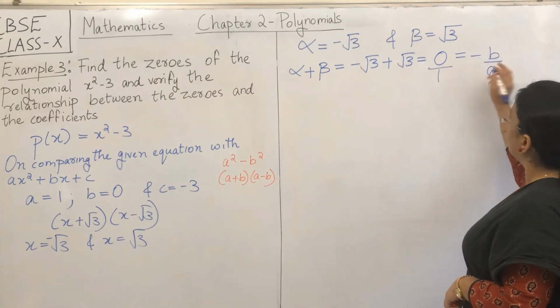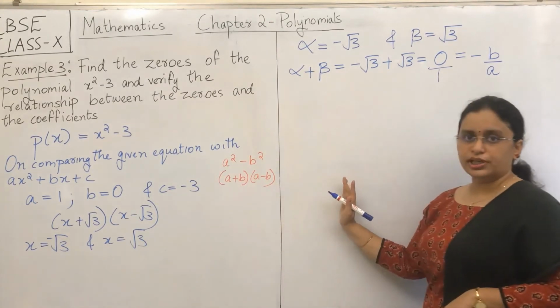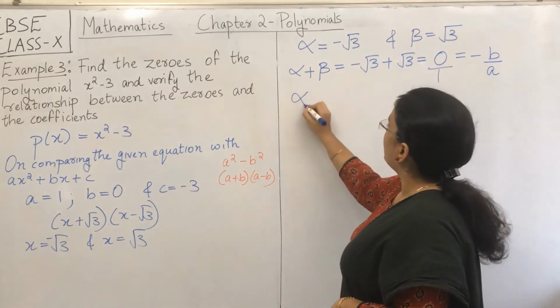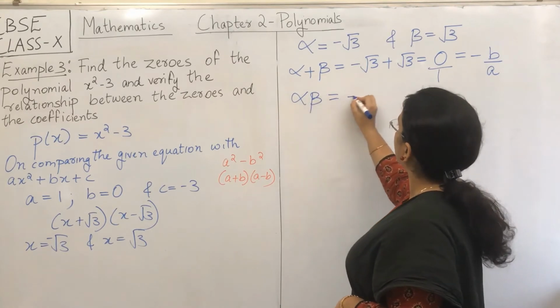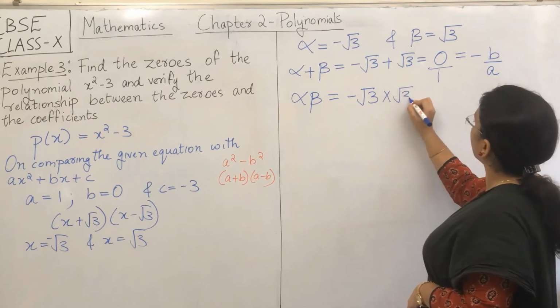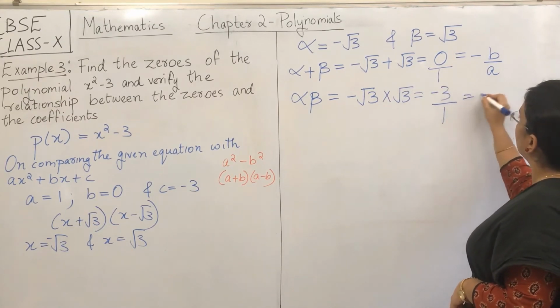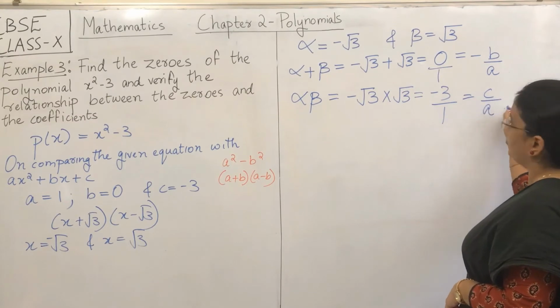Since it is 0, b term is 0, right? Now alpha into beta is equal to minus root 3 into root 3, equal to minus 3, or minus 3 by 1, equal to c by a.